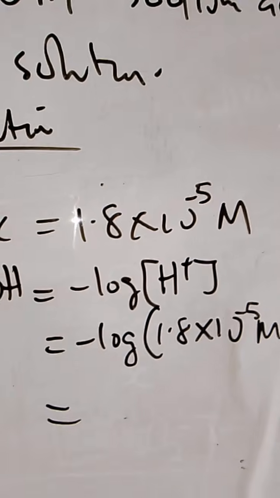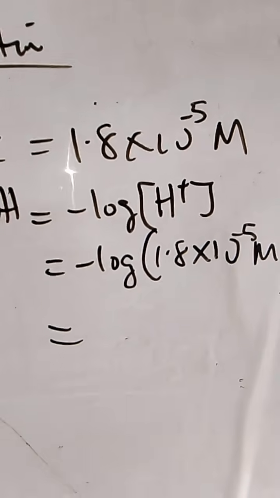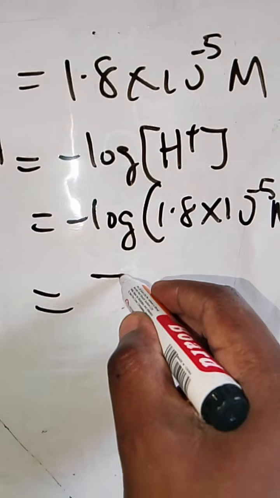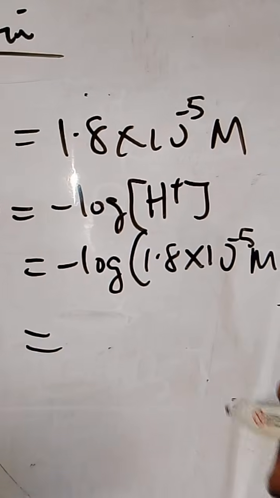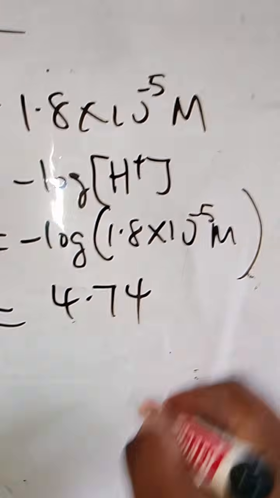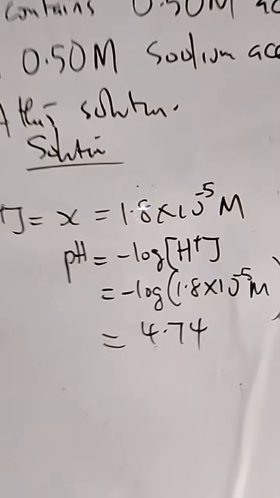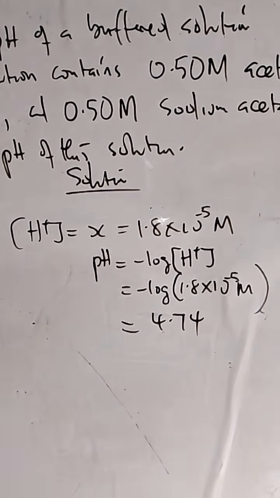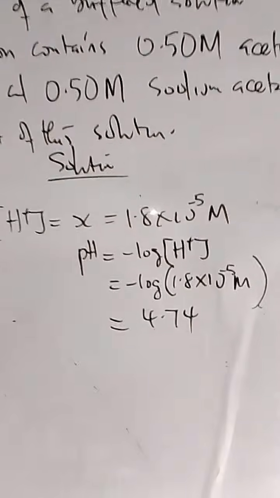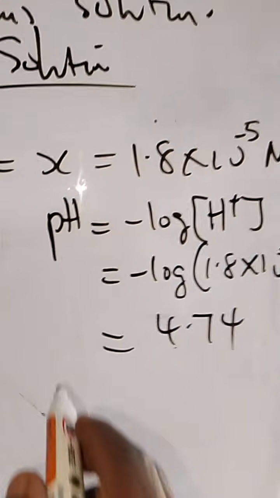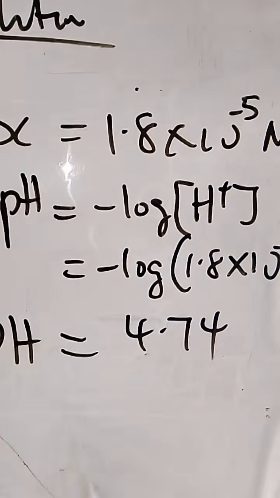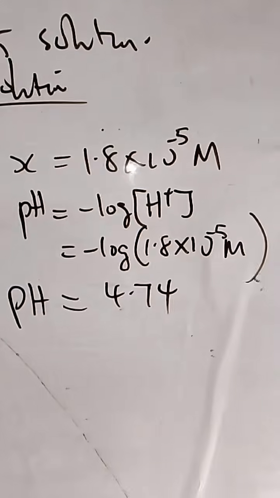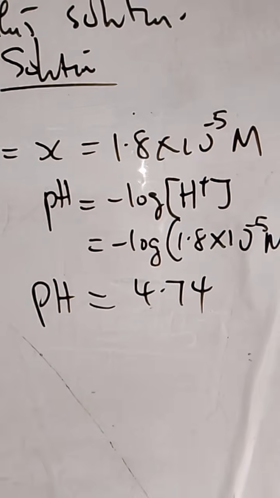When you punch negative log 1.8 exponent negative 5 on your calculator, you are going to find 4.74. Okay, so this is the pH of this solution.